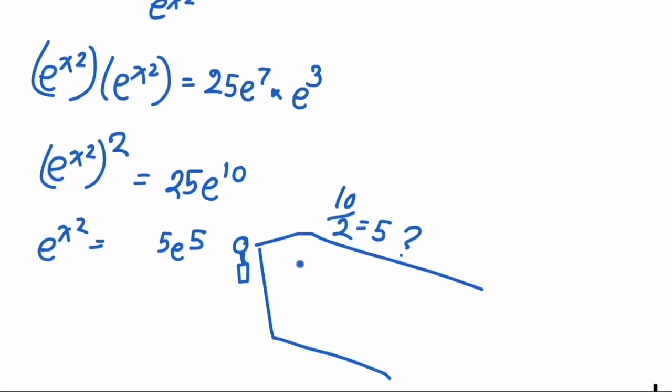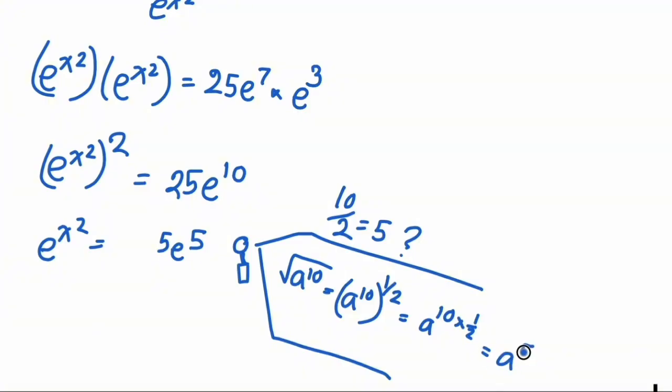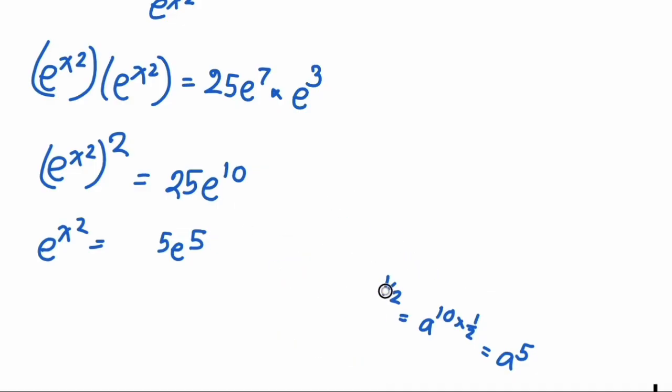What I did is, when you have something to the power something and you're trying to square root it, the square root is just a power of half. Now when we have exponents like these, we have to multiply them. So 10 times half is just a power of 5. So that is how 10 became 5.